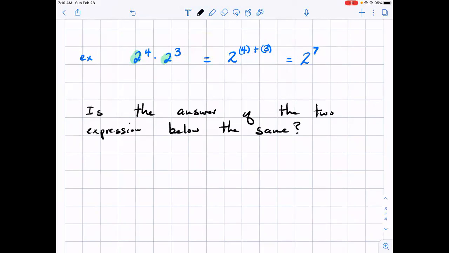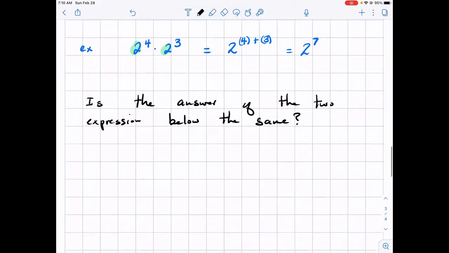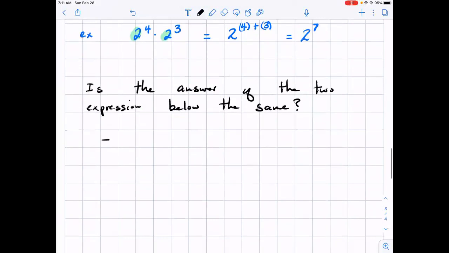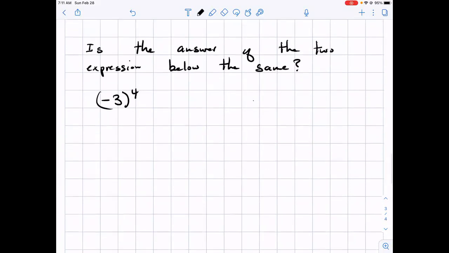I wrote minus 3 to the 4th power, and then in parentheses the minus 3, and then over here there is no parentheses.